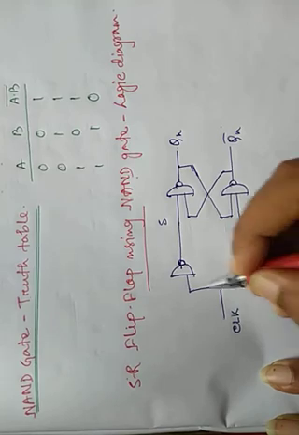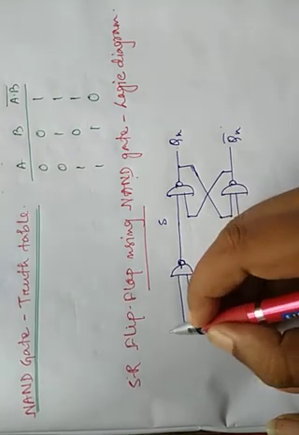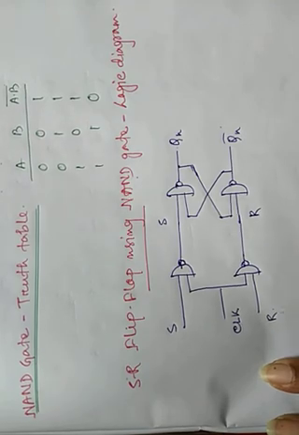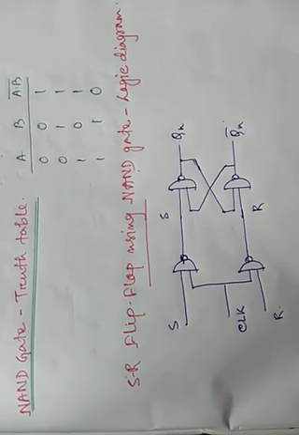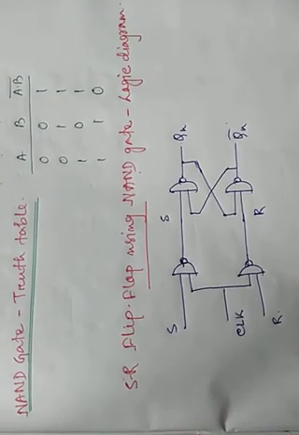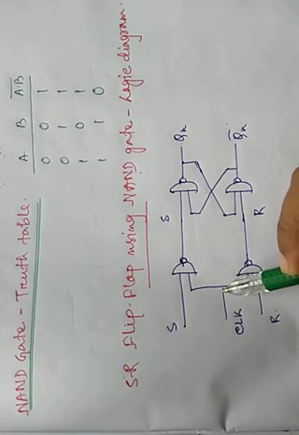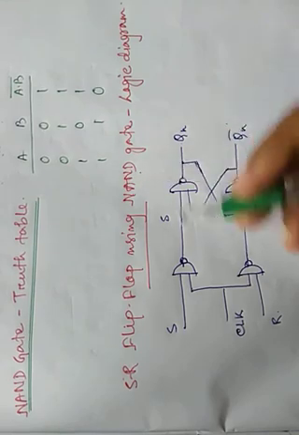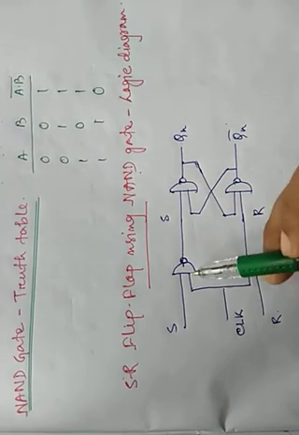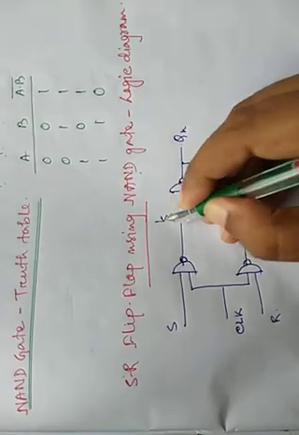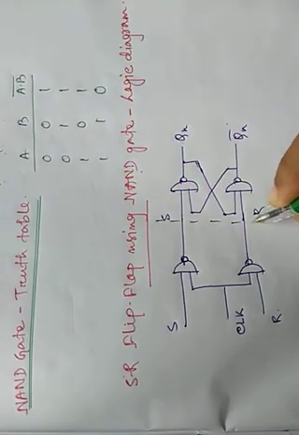One input of each gate is the clock, the other input of the upper gate is S, and of the lower gate is R. It is the same circuit, but here NAND is used to feed the clock signal where AND is used with NOR. And this one is the NAND latch.